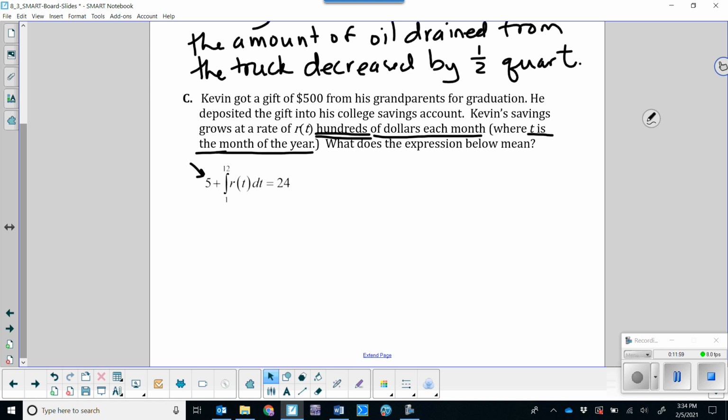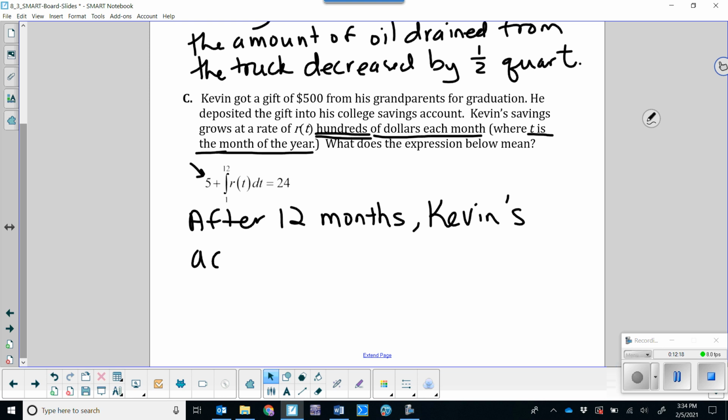So basically we would say by the end of the 12th month, or you could say after 12 months, because again, you always have to say, when are we talking about? What's the interval here? And you would say Kevin's account, because that's what all of this represents. This represents the money in his account.